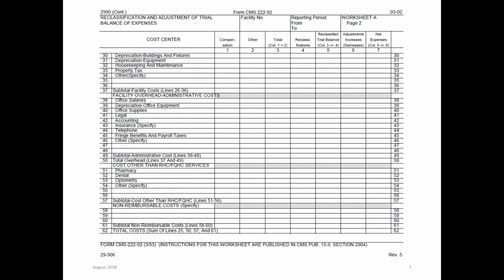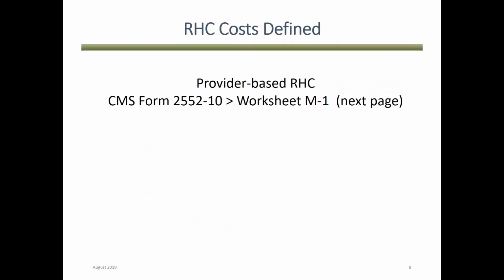We'll talk a little bit about some of the other non-RHC services as we move forward here. You see at the bottom of the page non-reimbursable costs, and those are the types of things that the program clearly does not allow. So that is the cost report form for a freestanding RHC.